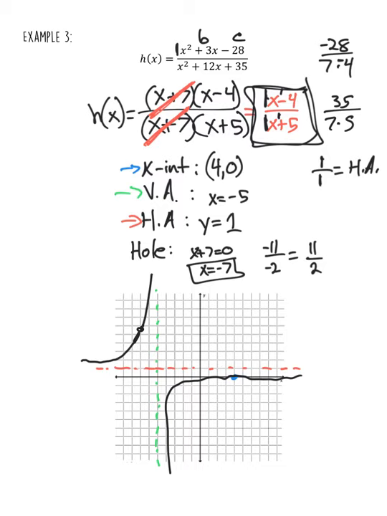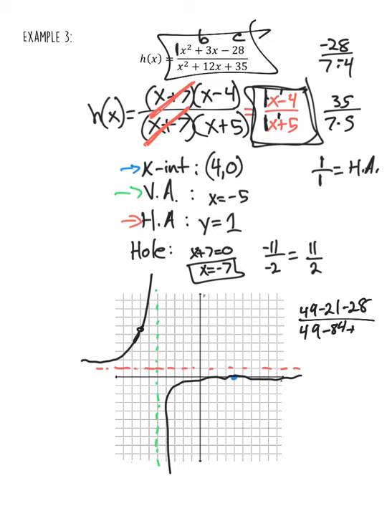And again, if I put this -7 into this function right here, what I would get is 49 minus 21 minus 28 over 49 minus 84 plus 35. So up top, I would get 28 minus 28, which is 0.